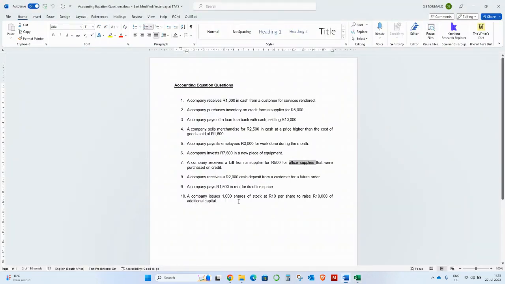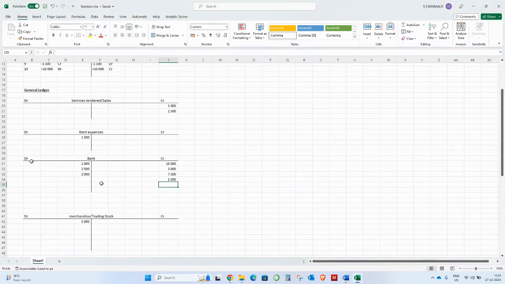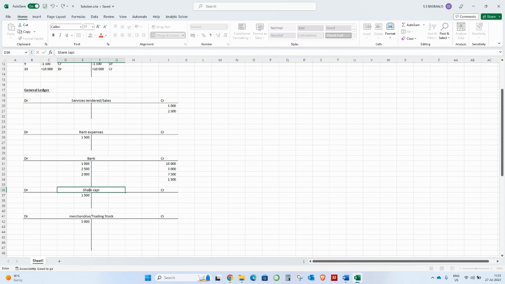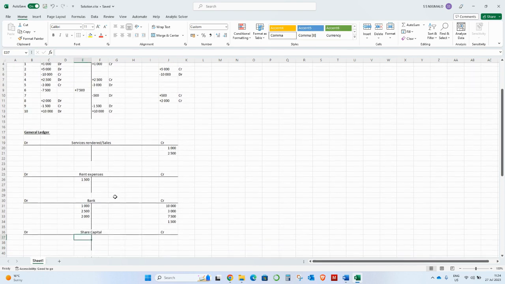And then the last one was the issue of shares. So I'm going to have a new account. I'm going to call it share capital. Okay, I'm going to delete the amount. So here we basically issued new shares.